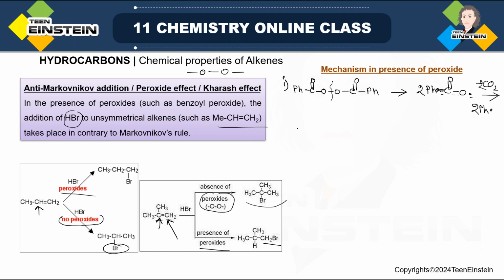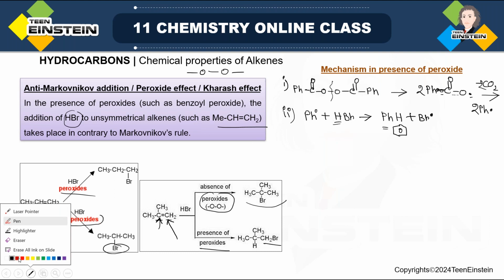Okay, so this is the first step, generation of the first radical. Now this Ph dot will react with HBr and take H in the form of a dot and be converted to PhH. PhH is nothing but a benzene ring, right? So Ph dot is a benzene ring with one of the hydrogens not present and there is a dot. When it is already attached to H, it is simply benzene, and Br minus.